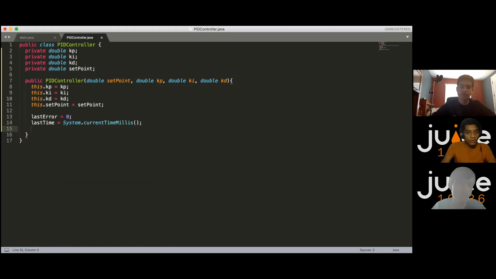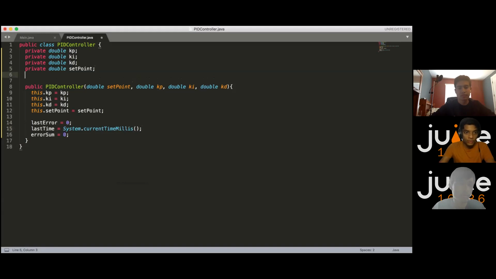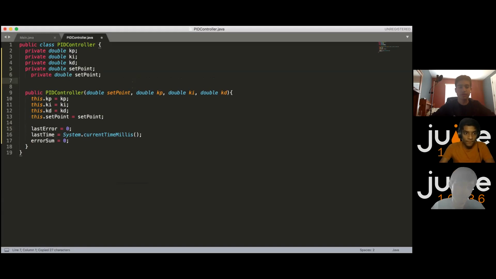So this system current time millis function is just the function that will return the current time, really. Error sum is what you'll see becomes the integral portion of the PID loop.